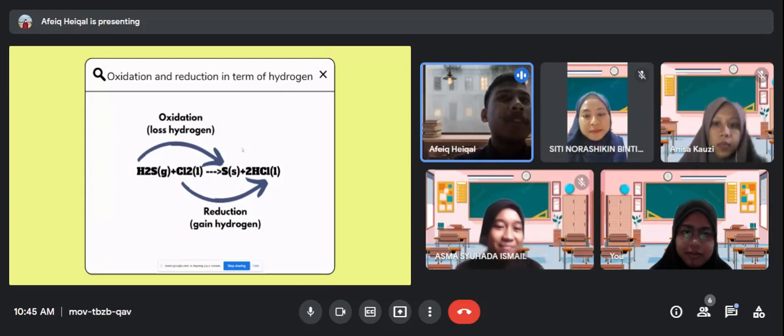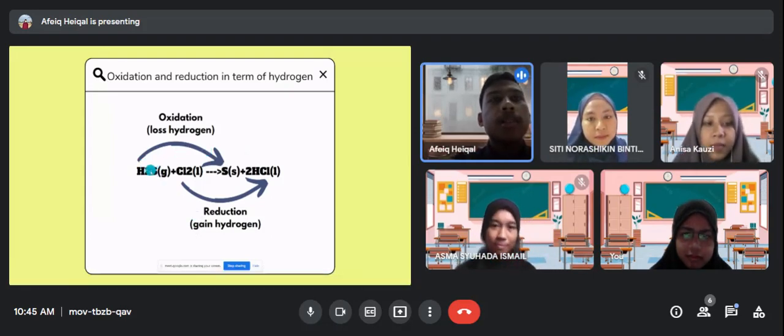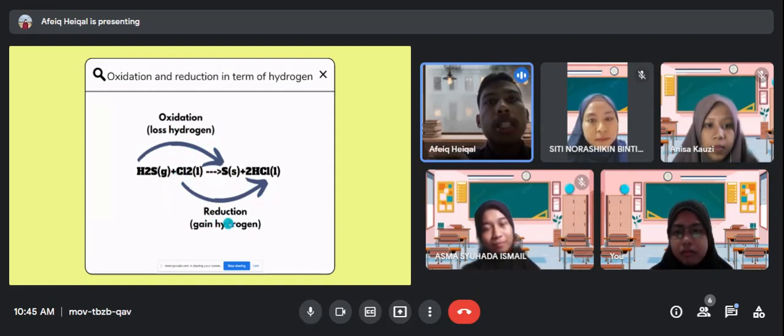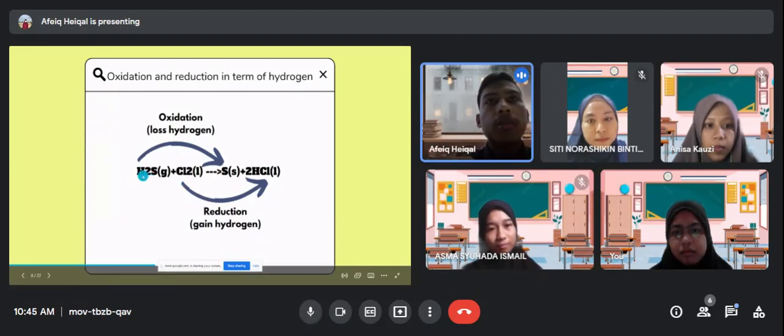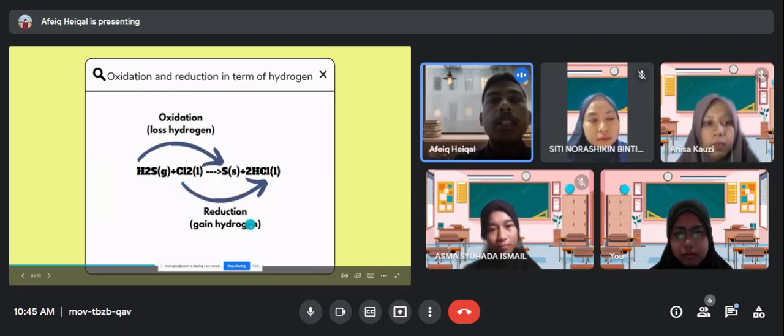Like your friend said, hydrogen sulfide went through oxidation because it lost hydrogen, while chlorine went through reduction because it gained hydrogen. Hydrogen sulfide becomes sulfur, so it is oxidation, and chlorine to hydrogen chloride is reduction because it gained hydrogen.